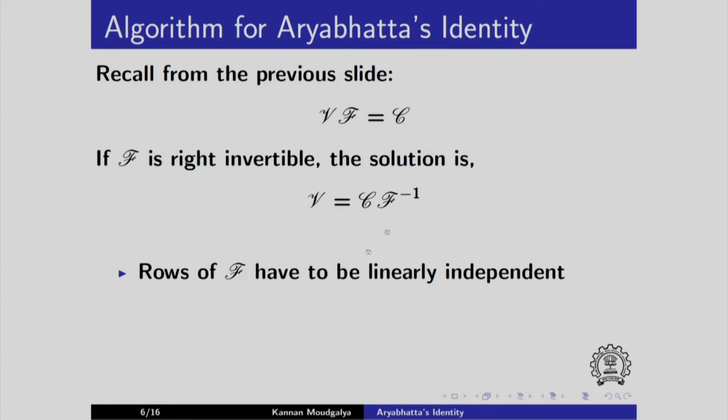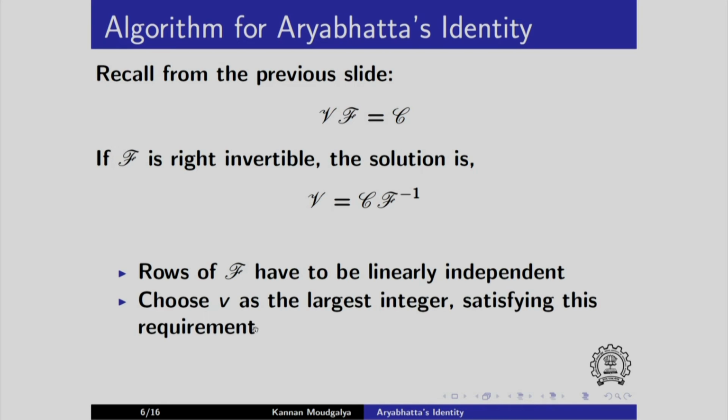The rows of f have to be linearly independent. Choose that small v as the largest integer satisfying this requirement. What requirement? Linear independence requirement.